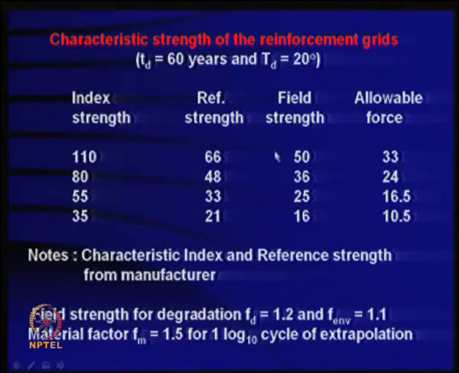What it means is that the 110 divided by all these factors leads to this number 33, okay. Though this is a reference strength, you have a factor of safety of 110 divided by 33. All these partial factors, whatever you choose, form that number, so what you are allowing is only 33, because as I said it is for 60 years.